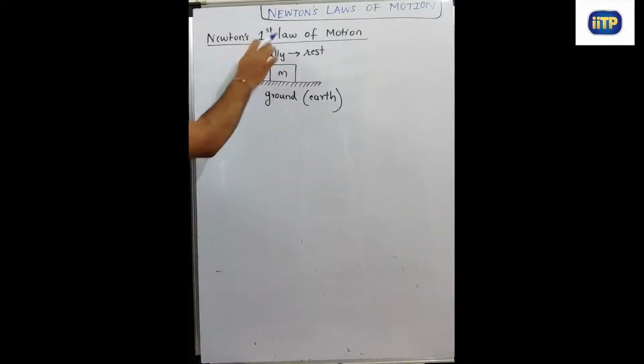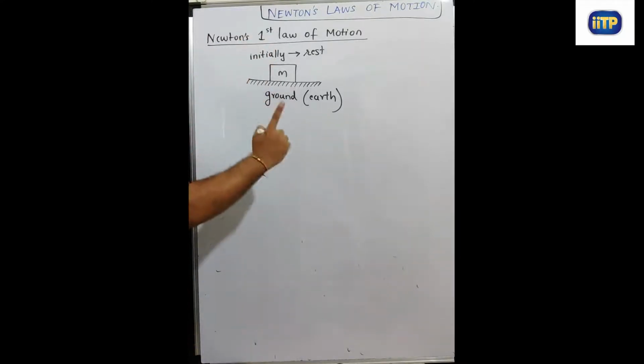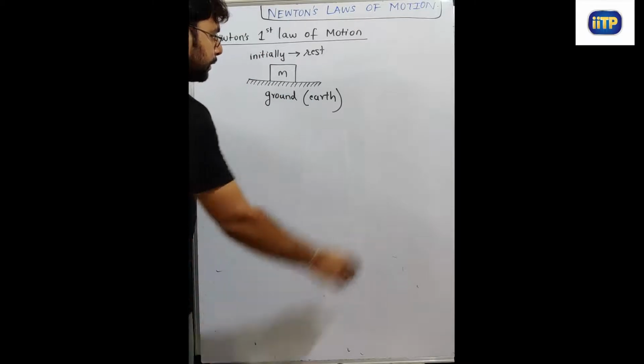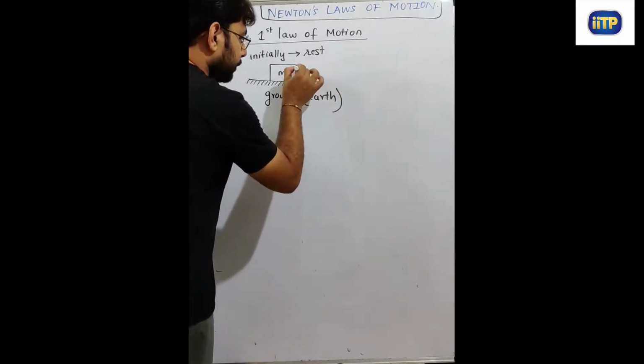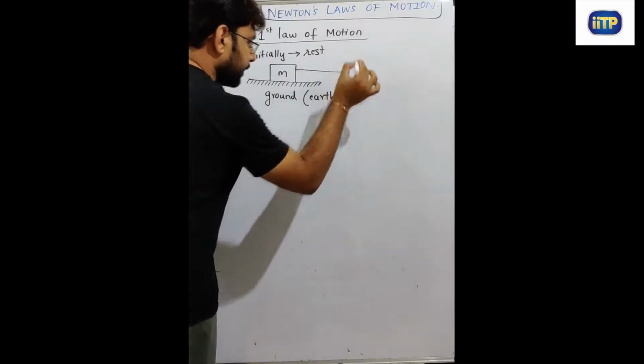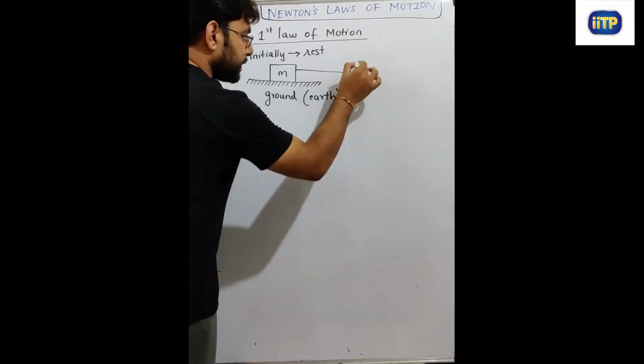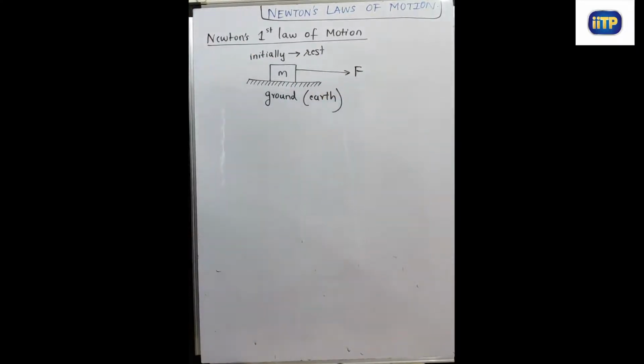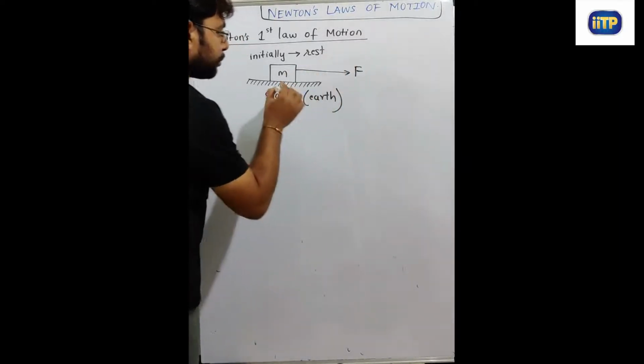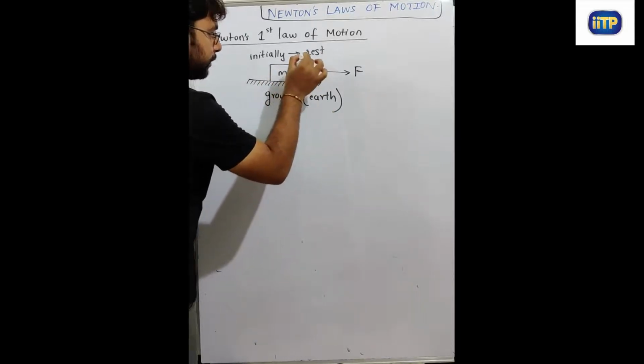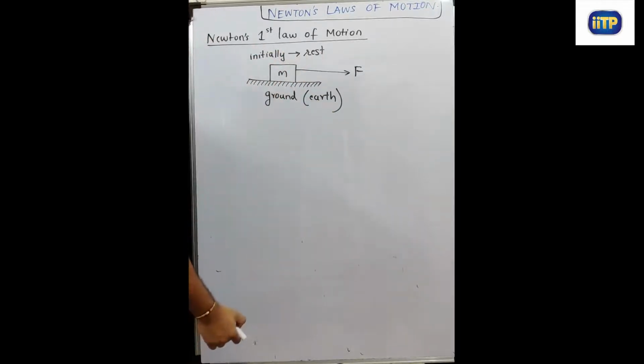Now what does Newton's first law say? Newton's first law of motion says that whenever you are applying any external force, let's say F, on a body, this force can change the state of motion, can change the state of rest of this body, right?